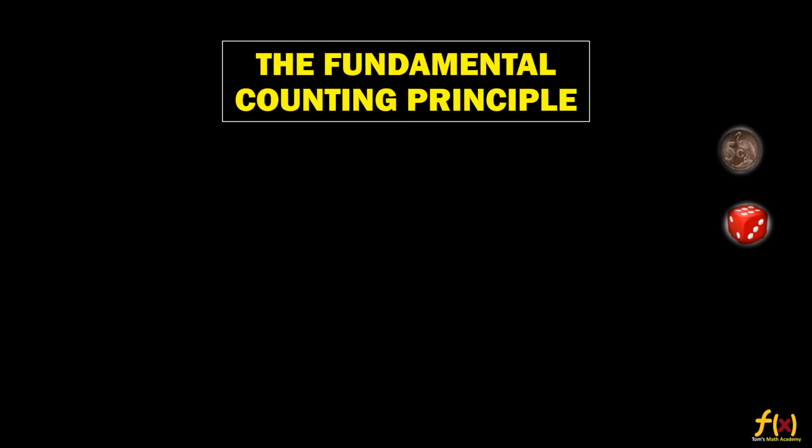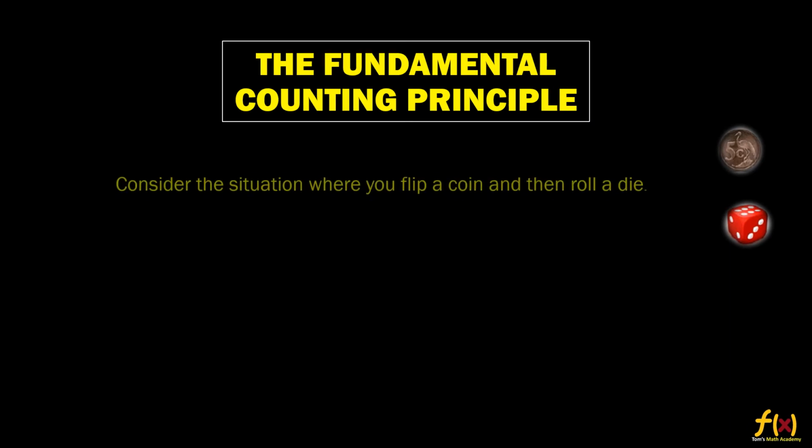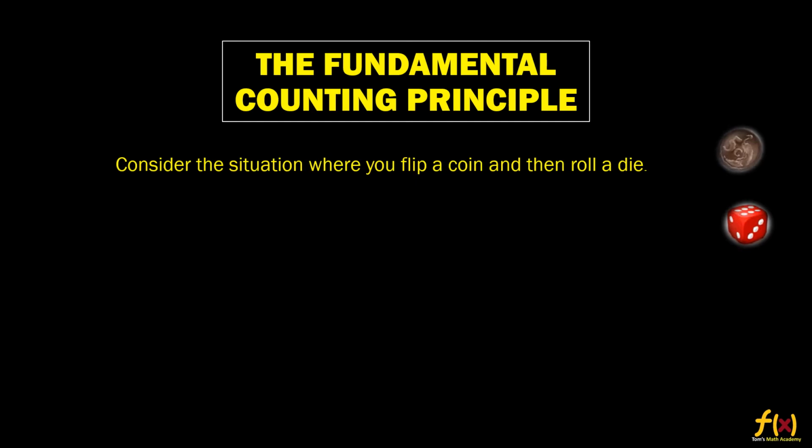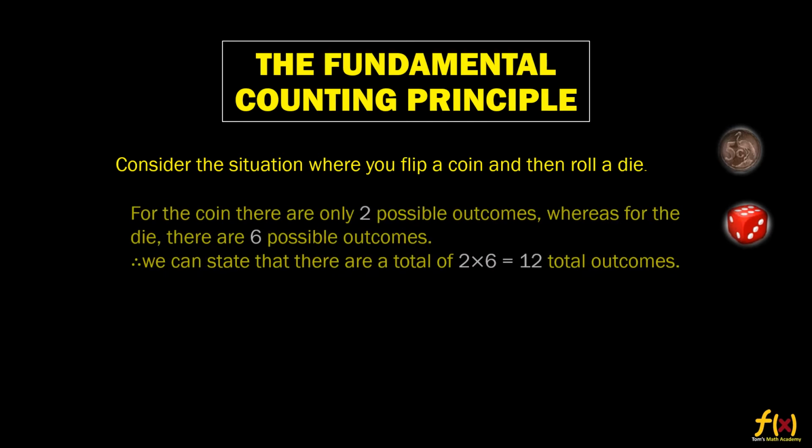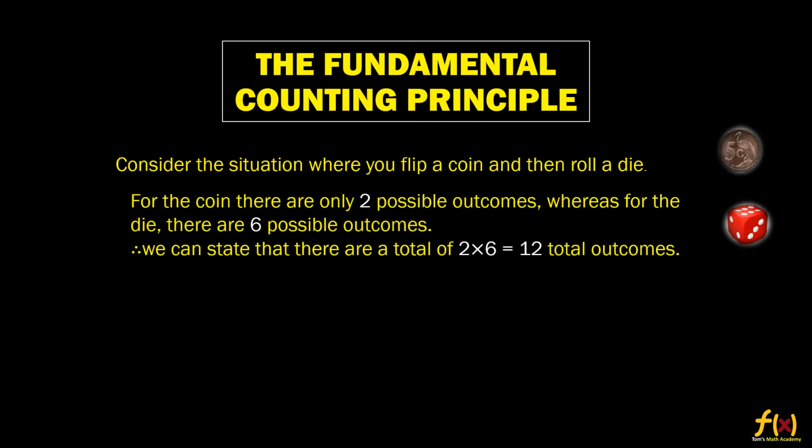Consider the situation where you flip a coin or you roll a die. For the coin, there are only 2 possible outcomes, either head or tail. Whereas for the die, there are 6 possible outcomes.